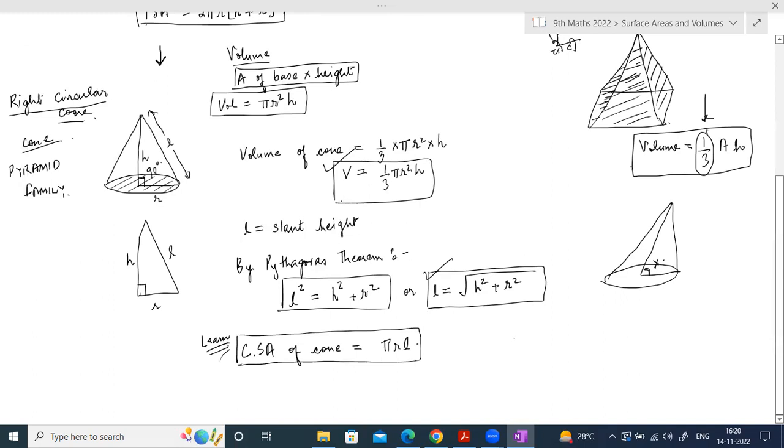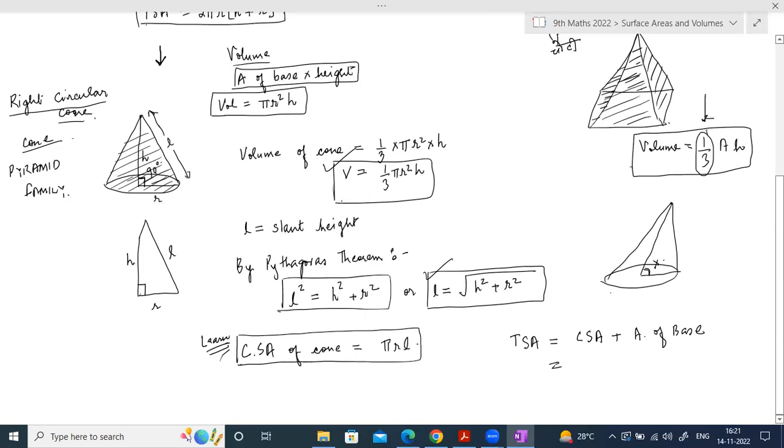Now if you know the CSA, TSA becomes very easy. TSA is total surface area. What extra will we add to the CSA? The curved surface area is already there, which is pi R L. We need to add the base face, which is the area of the circle.